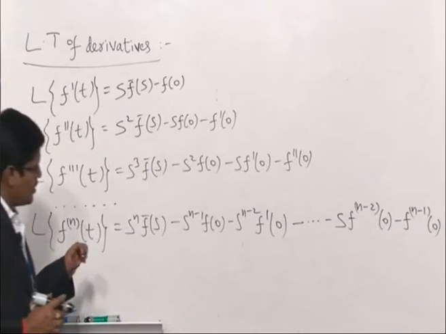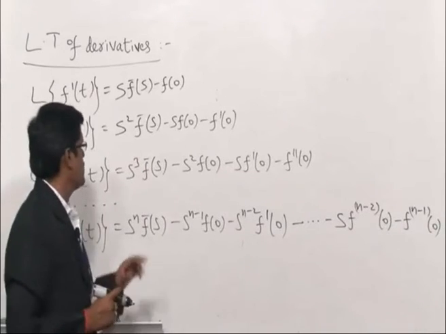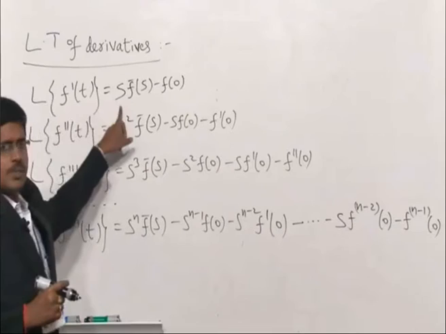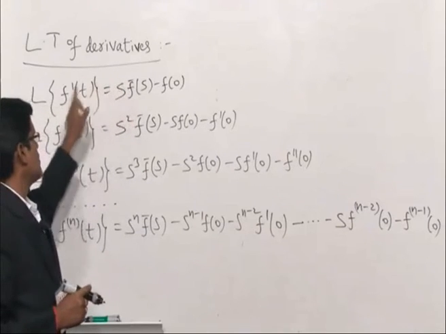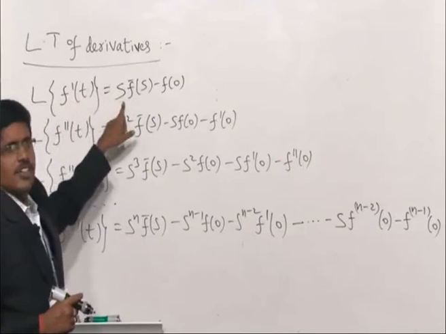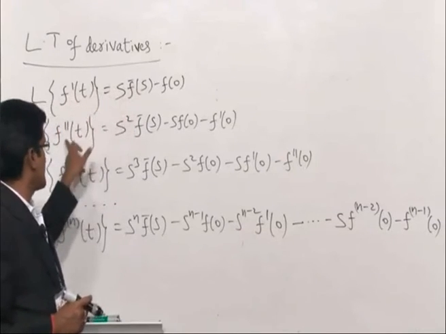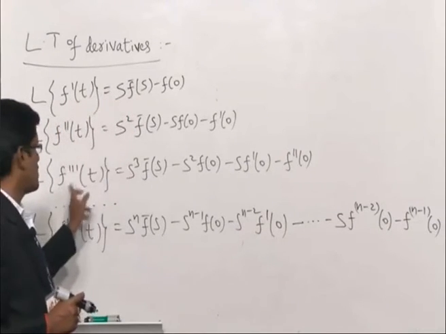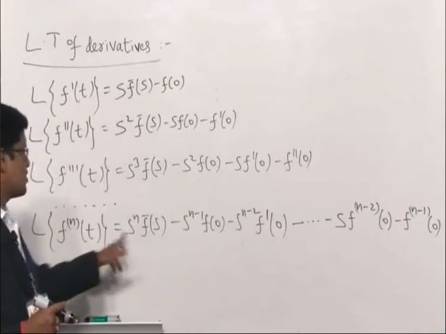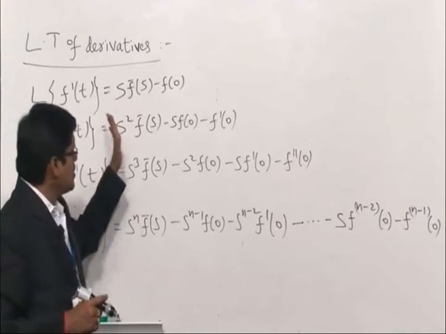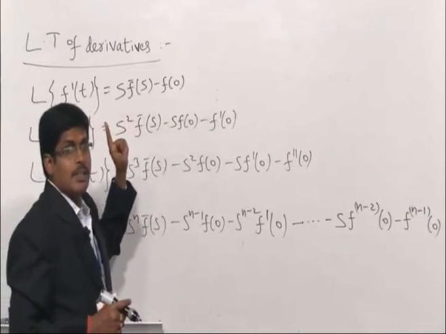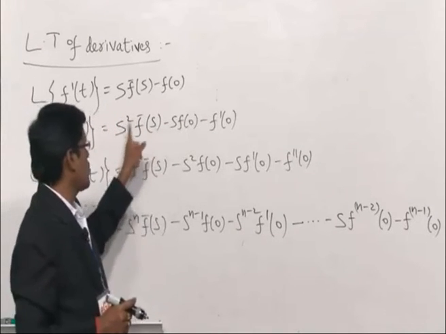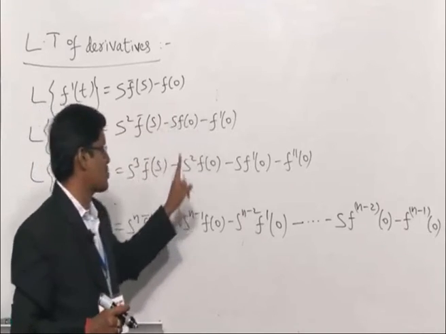Now I am giving the explanation with some logic. Whatever the derivative, the first term starts with the degree of s equal to the order of the derivative. The second derivative starts with s square, the third derivative with s cube, the nth derivative with s power n, and next onwards the powers go on decreasing by 1: s cube, s square, s.